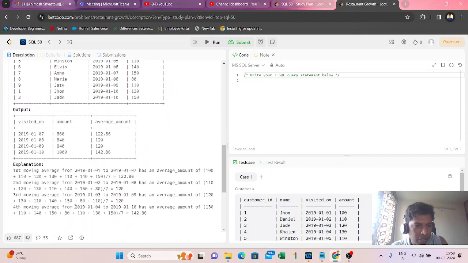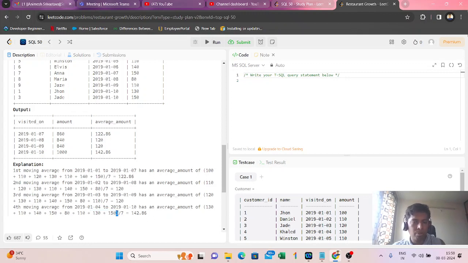For this window, they have taken 2019-01-04 to 2019-01-10, which is again 4, 5, 6, 7, 8, 9, 10. If you count, they are 7 days. But count the number of entries: 1, 2, 3, 4, 5, 6, 7, 8. Why 8? Because on the 10th there are two entries, 130 and 150. That will also be counted because we are doing a 7-day scenario on the basis of dates, not the number of entries. So if there were three entries on date 10, there would be one more addition to this.